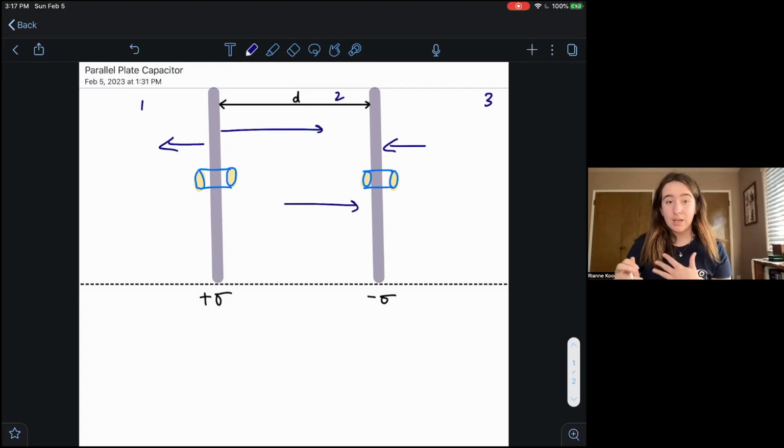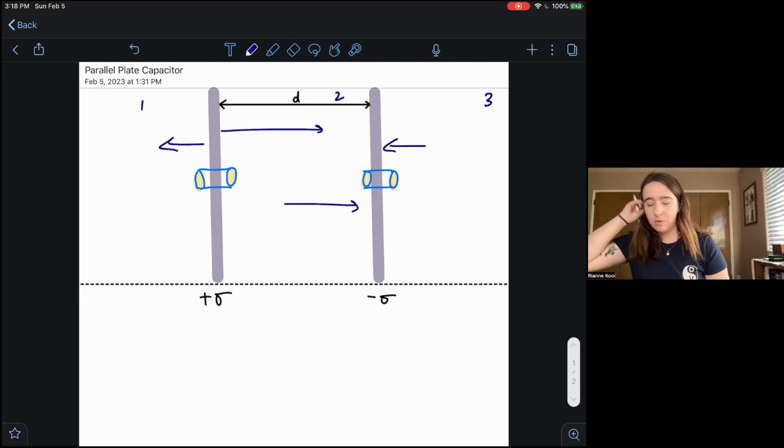We already decided that when we combine them in regions 1 and 3, it's going to be 0. But let's go back to what we did last video, and focus on each of the plates separately, and then combine them to find the total E field in the middle that we're looking at.